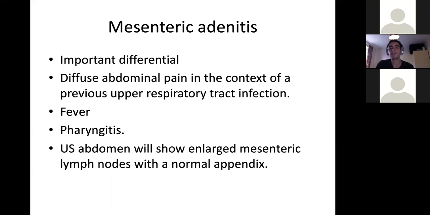Sometimes the ultrasound might help and show enlarged lymph nodes, and that will give you a lot more confidence that this is mesenteric adenitis rather than appendicitis. But a lot of the time, you look at the throat for signs of infection to help make this diagnosis clinically, looking for pharyngitis or inflamed tonsils.